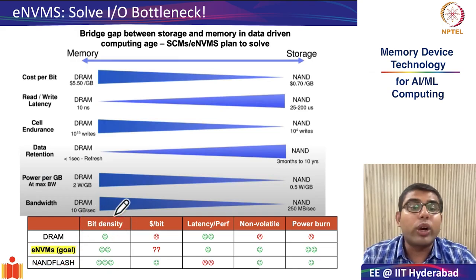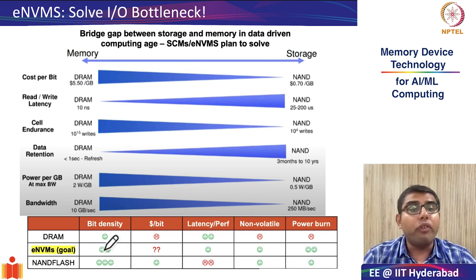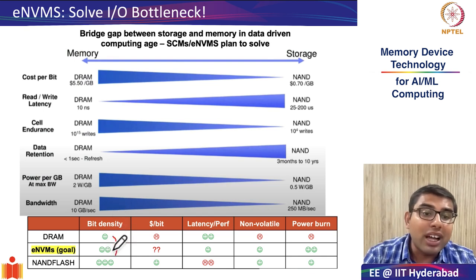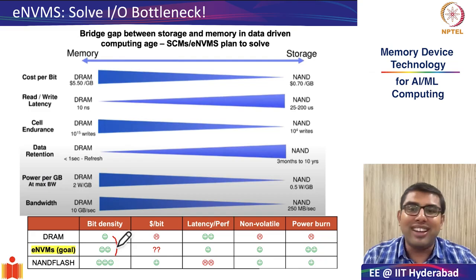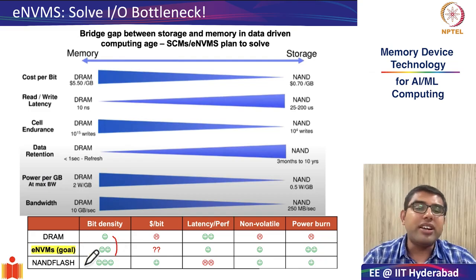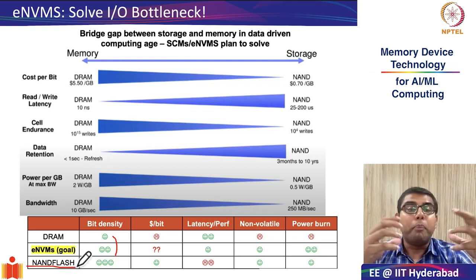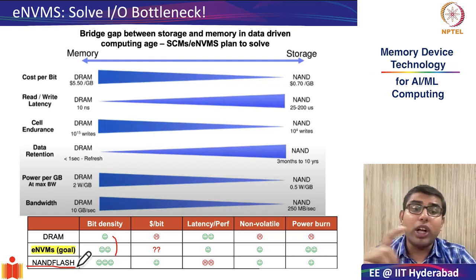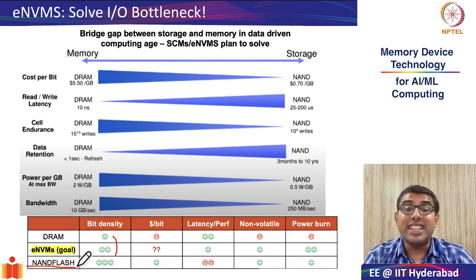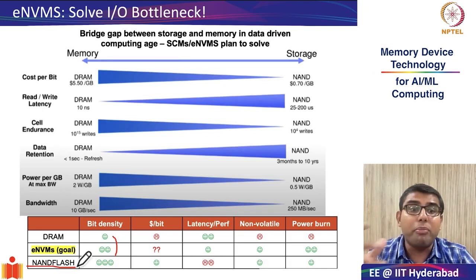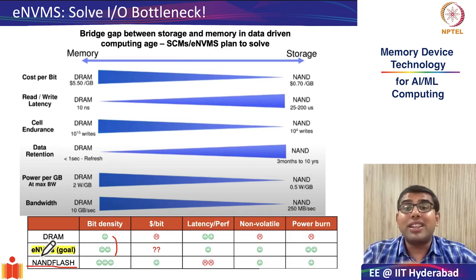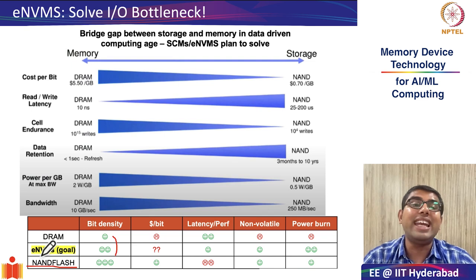So first, let's look at bit density. The goal of eNVMs is definitely to have higher bit density compared to DRAM. But I doubt, of course, the jury is still not out on it, that you will be able to achieve much larger bit density compared to NAND flash. One, because it is a mature technology. The other reason is that the 3D NAND configuration is something very, very remarkable, and we yet need to see whether this kind of 3D packing is possible in eNVMs.